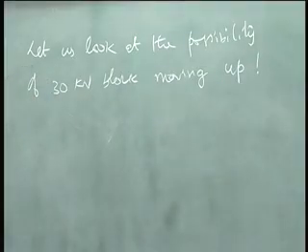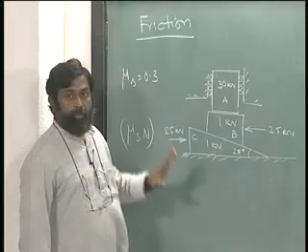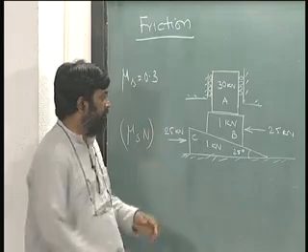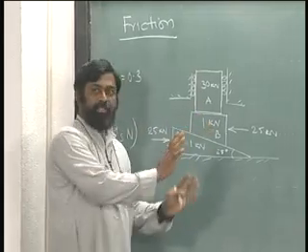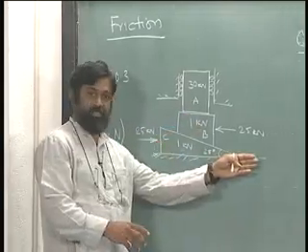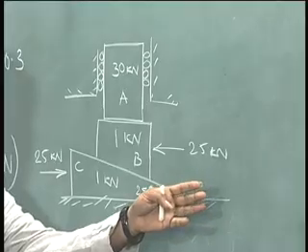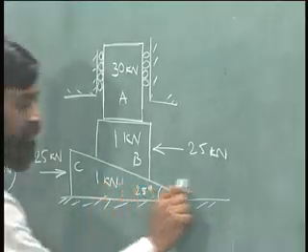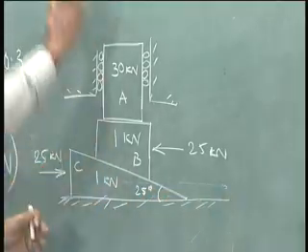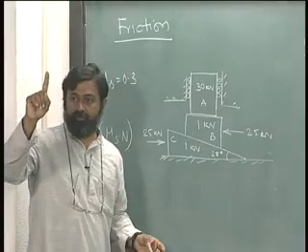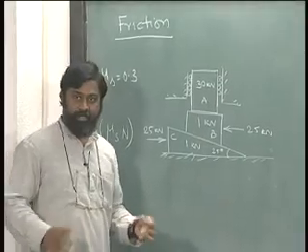If this has to move up, one possibility is A and B do not stick to each other, let us say, and this C moves to the right. That C moves to the right could push it up, that is one possibility. Is there any other possibility?